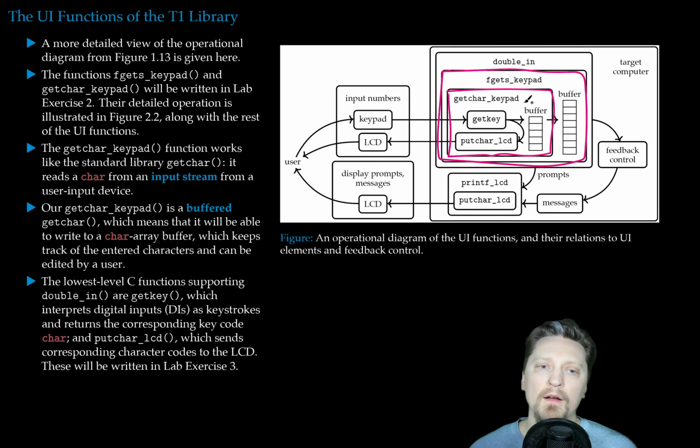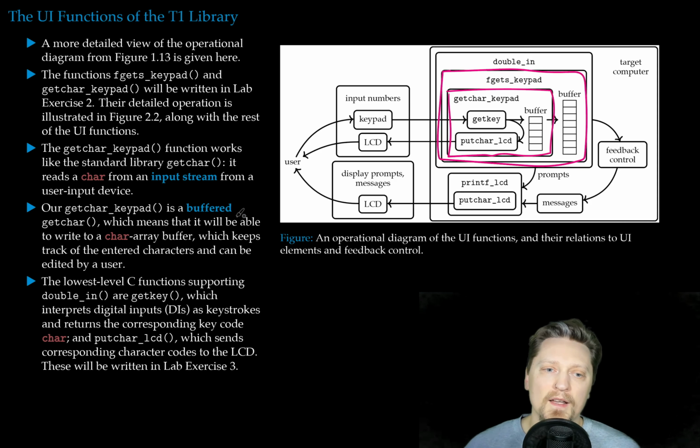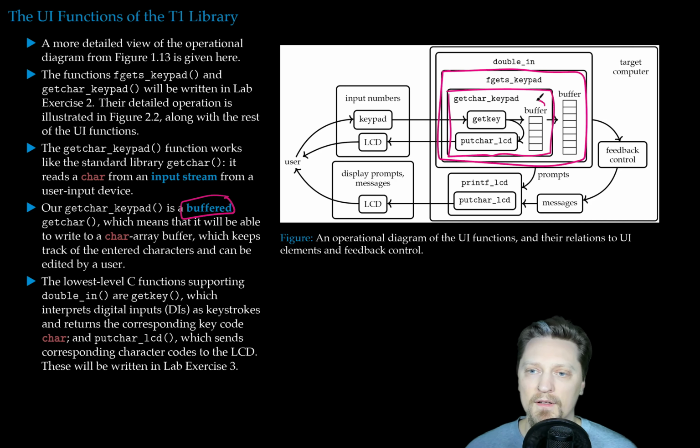So the get care keypad function works like the standard library get care function. We're going to write it to read a care from an input stream from a user input device. For us, the keypad. Our get care keypad is a buffered get care. So you see these buffers here.